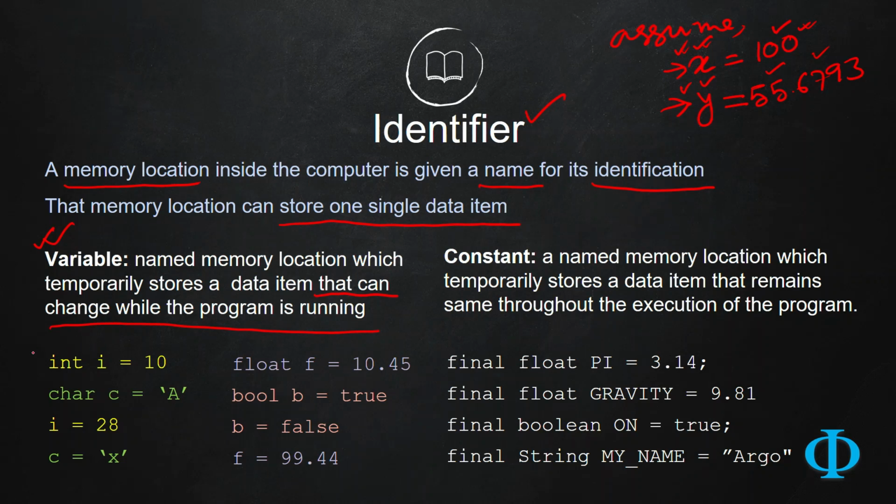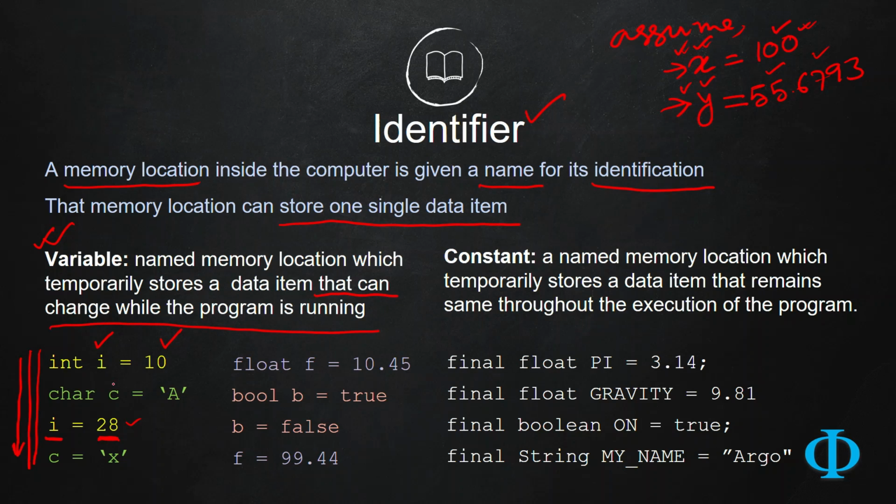So in this left hand side, at first I have used a variable called I, and I have initialized I with the value of 10, as you can see in here. Now in the course of writing the program, at some point I have changed the value of I from 10 to 28, as you can see in this line.